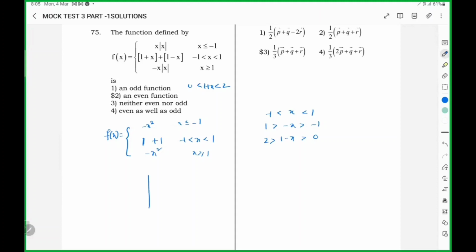Minus x square. Then if you draw a graph for less than minus 1, it is the minus x square graph. It will be like this. And this graph is for less than minus 1. And between minus 1 and 1, it is said it is 2.